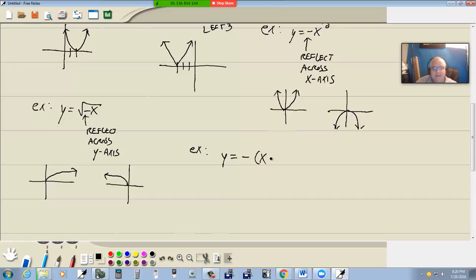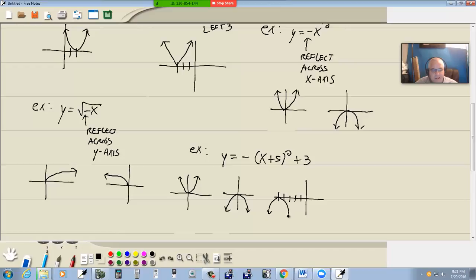Okay, negative x plus 5 squared plus 3. Here's our basic graph, the U-shaped graph. Now the negative out in front means you flip it across the x-axis. It flips upside down, reflects. So it looks like that. The plus 5 that's in here is going to go left 5. 1, 2, 3, 4, 5.